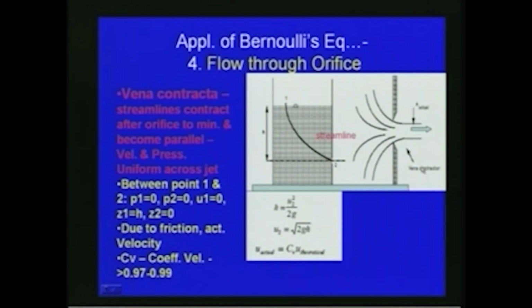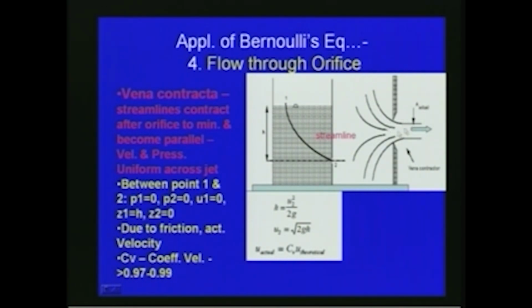Here, for flow through an orifice, whenever the fluid is coming out of the orifice, which is a small hole, all the streamlines converge to the opening at the orifice. Then you can see there is a location where the streamlines are converging and the cross-sectional area of the jet is the minimum.